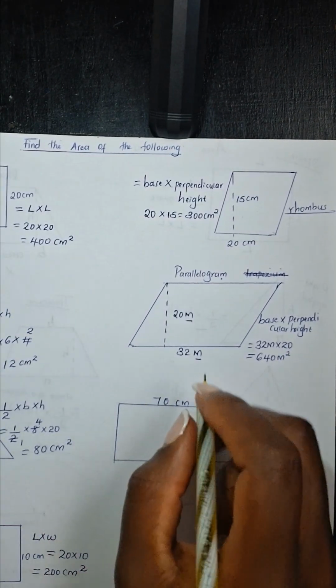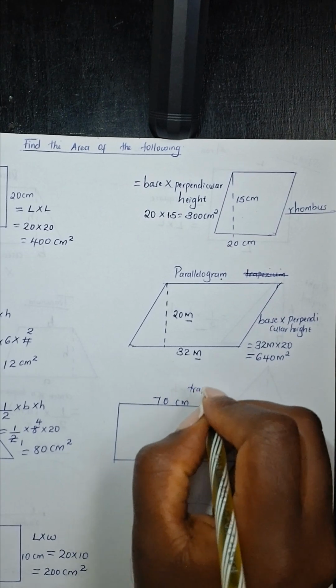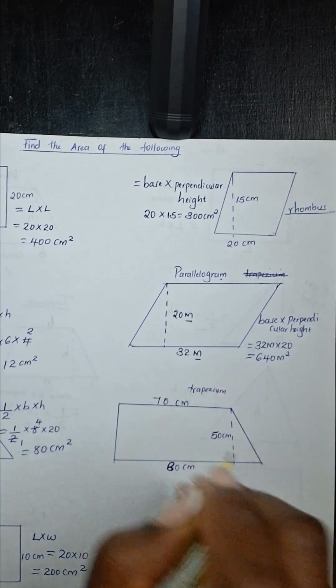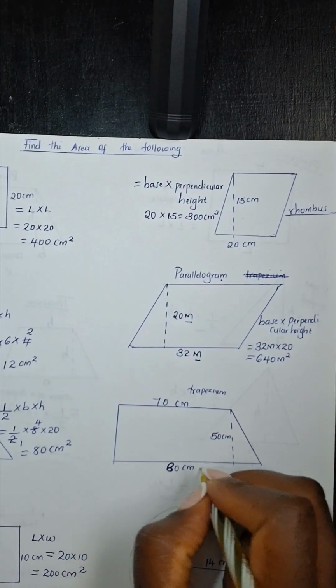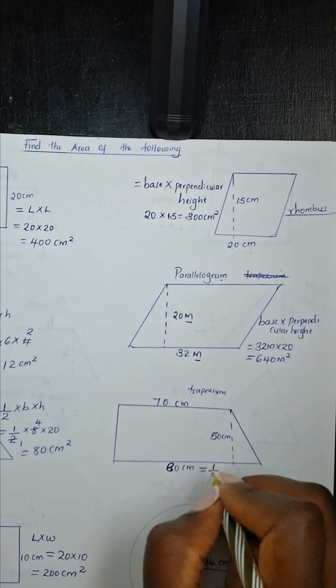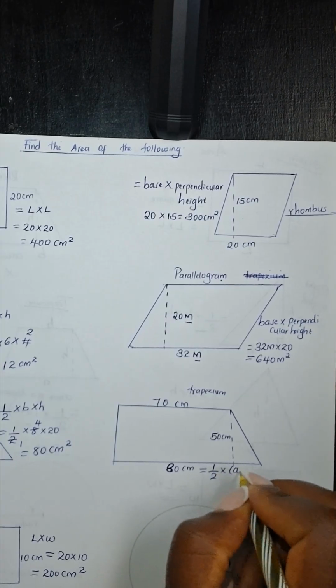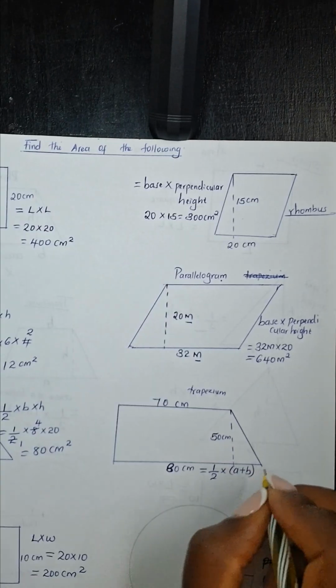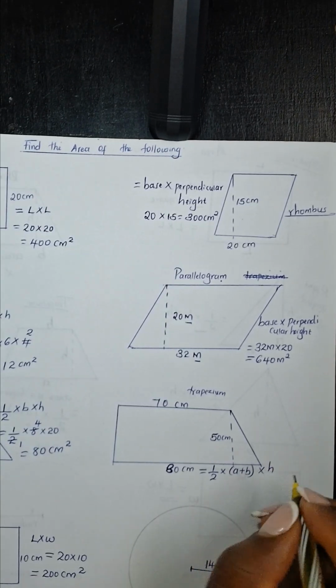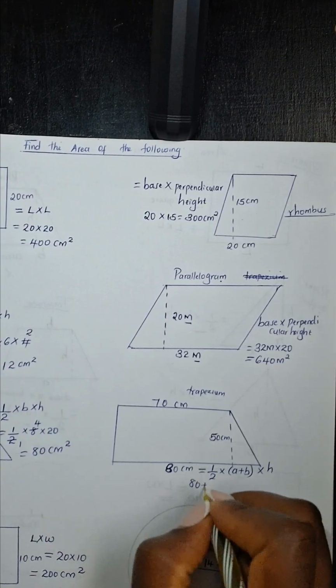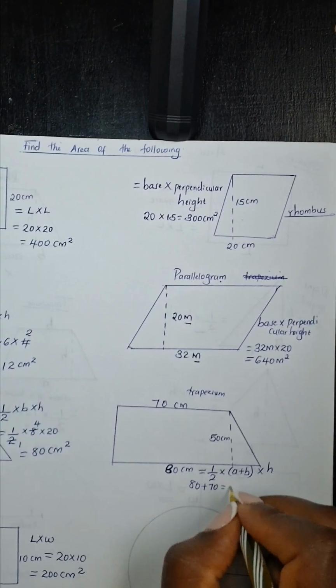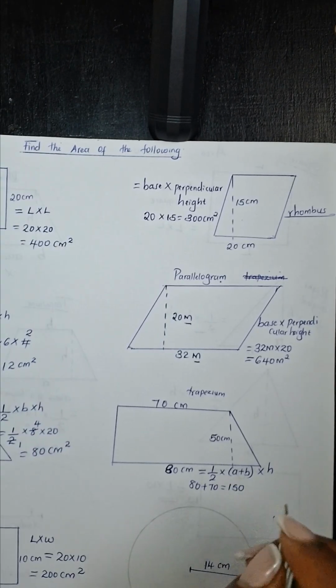So now, this is a trapezium. So how do we get the area of a trapezium? We had said that it is a half, you multiply by a plus b, then you multiply by what? By height. So I have a plus b, which is 80 plus 70 to give me 150, okay?